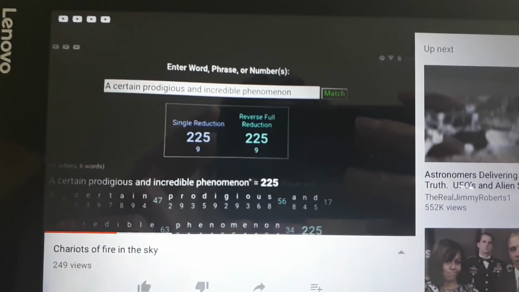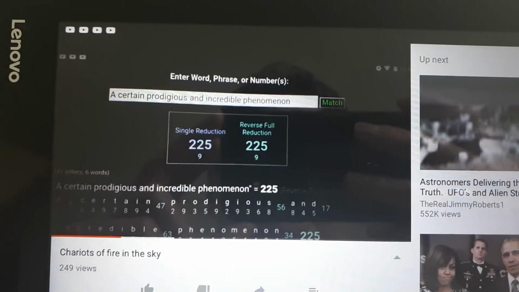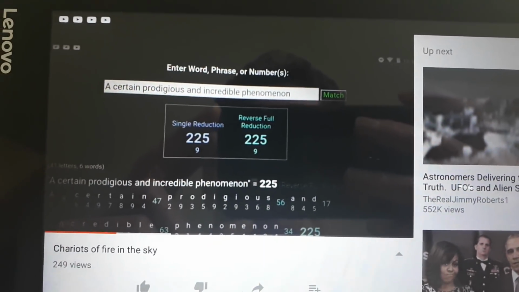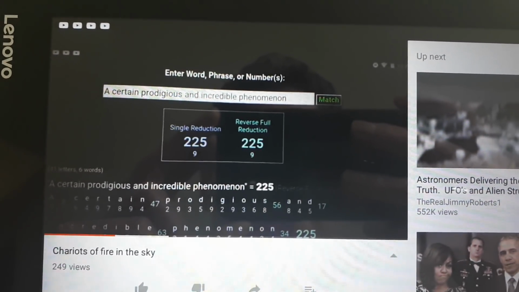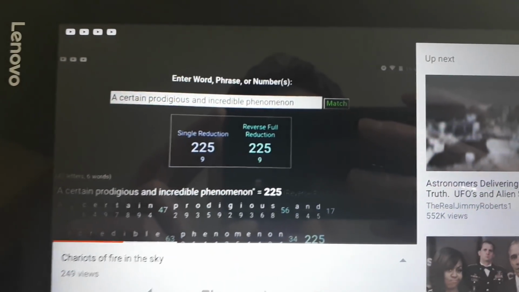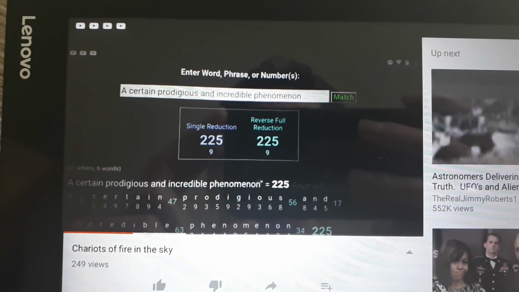But yeah, the 225 came up, which is of course the day after tomorrow. So not Monday, the 21st of May, which will be tomorrow, but 225, 22nd of May.